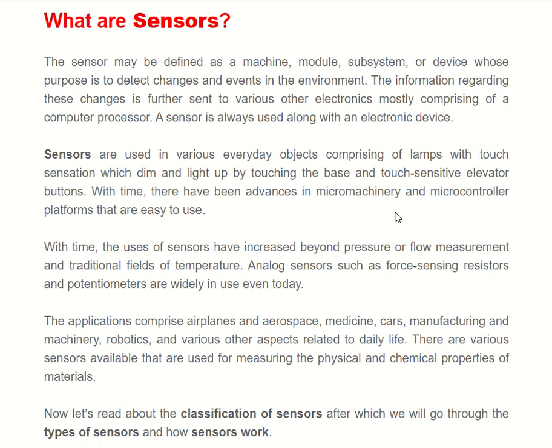and this information regarding these changes is further sent to various other electronics, mostly comprising computer processors, right? So if you pick any sensor, it would most probably have some computer processor, or it would send the information to a particular computer processor. Pick an ultrasonic sensor, pick sonar, pick a strain gauge, thermometers, anything.